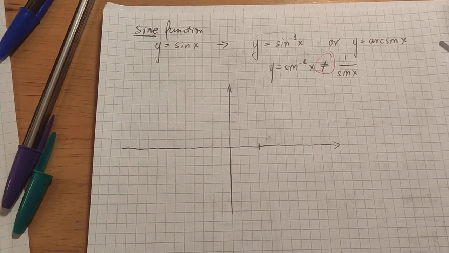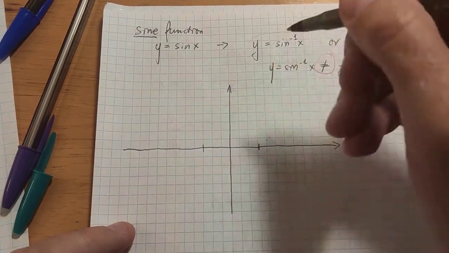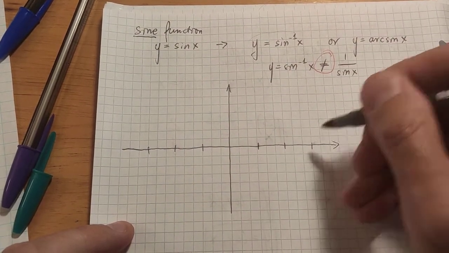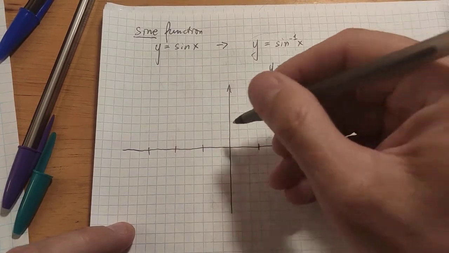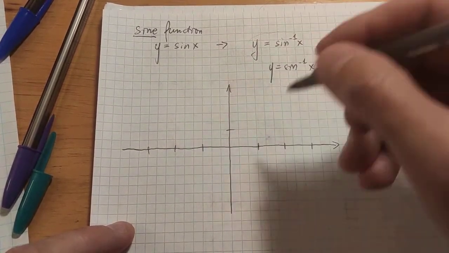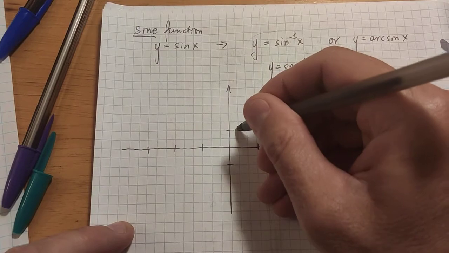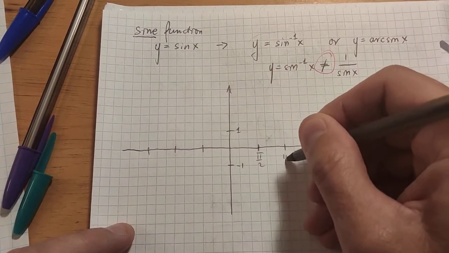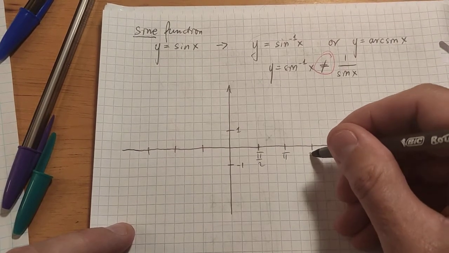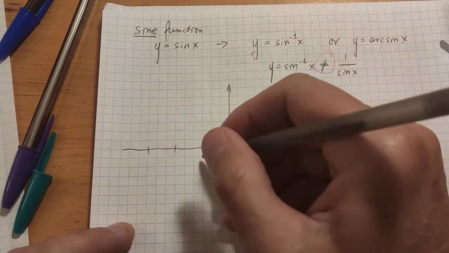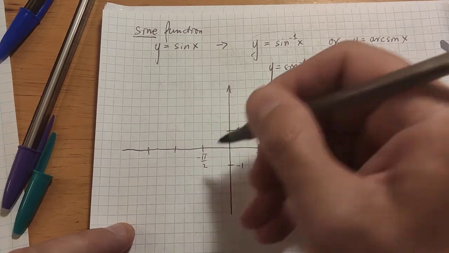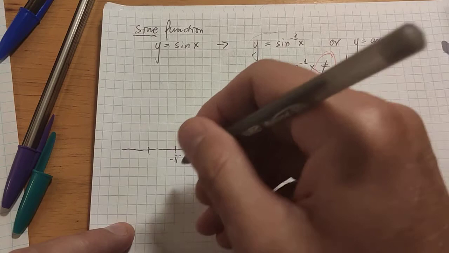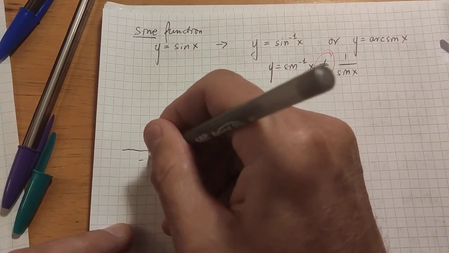I'll graph regular y equals sine x, and then I'll switch the coordinates. You'll see. So +1, so this is 1, this is -1, this will be pi over 2, pi, what is that, 3 pi over 2, this would be negative pi over 2, what is that, negative pi, negative 3 pi over 2.